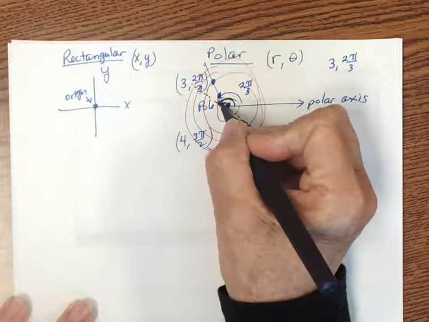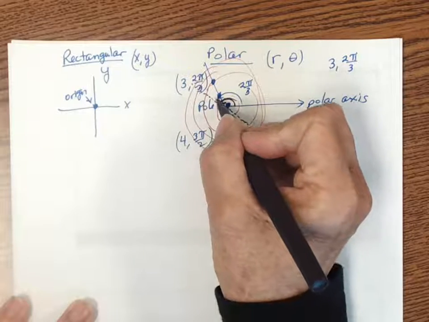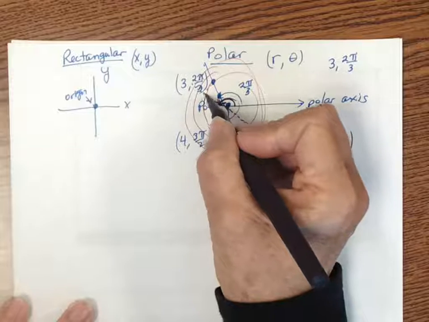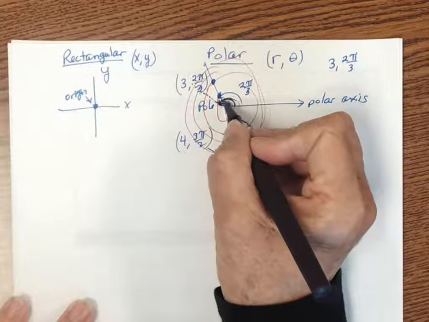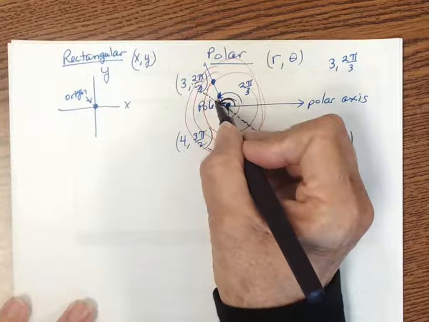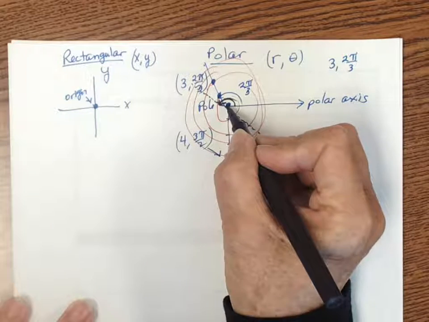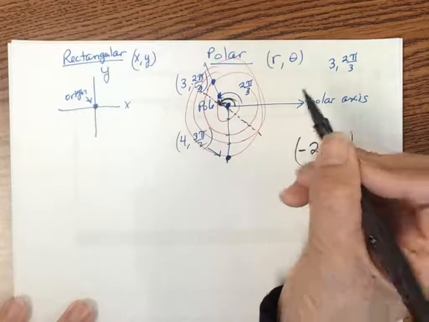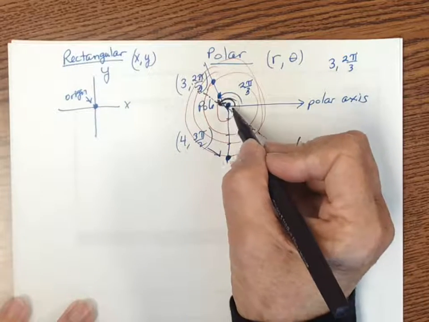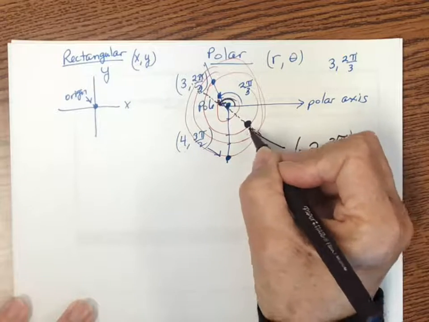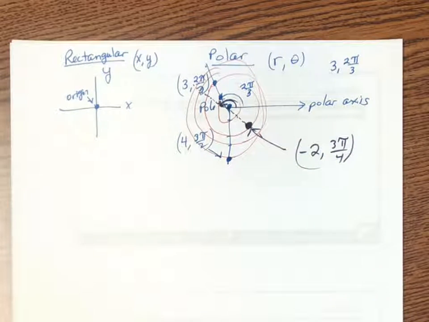And if that was a positive radius, I would just go out along these concentric circles to find my radius. But because it's negative, instead of going out in the direction of my angle, I'm going to go exactly 180 degrees from that, or pi away from that. So instead of going 2 units along here, I'm going to go 2 units here. So there is my point negative 2, 3 pi over 4.